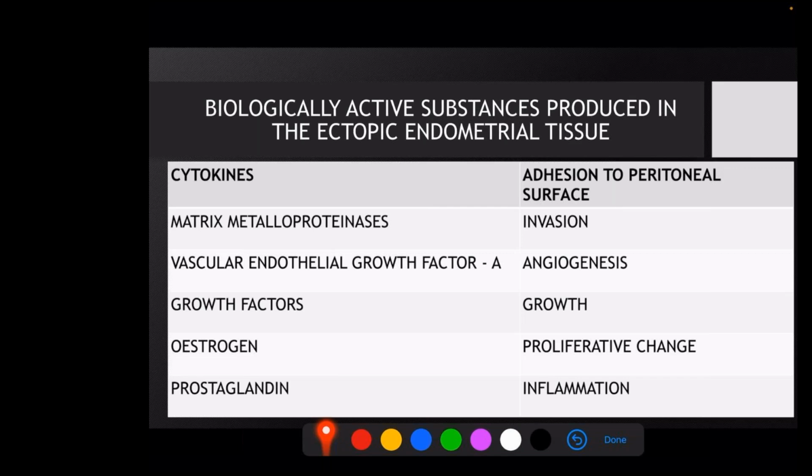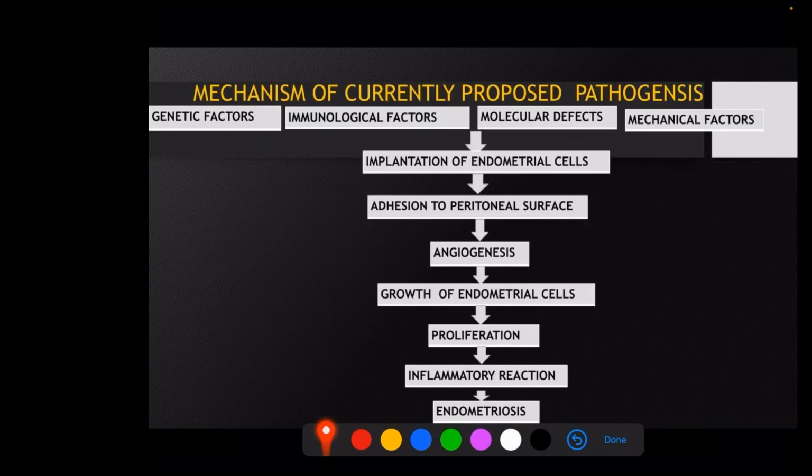Then immunological and genetic factors also determine the survival of the regurgitated endometrial cells and their adhesion to the peritoneum and its growth.